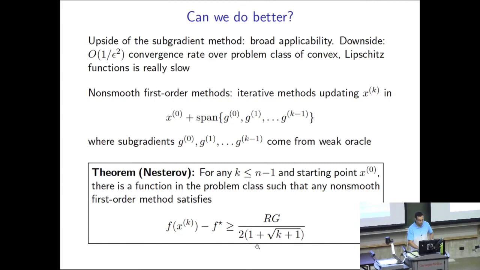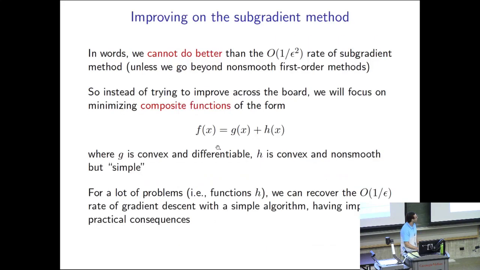So the convergence rate is 1 over the square root of k. That is exactly the same as this, 1 over epsilon squared. To get an epsilon-suboptimal solution, we need to take on the order of 1 over epsilon squared iterations. In other words, we can't do better. This is the very best we can do. As slow as that is, there is no other method that uses the same amount of information as the subgradient method and does better uniformly across the board. We have to use more information in some way.